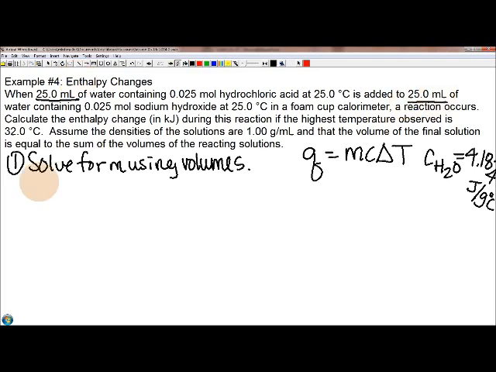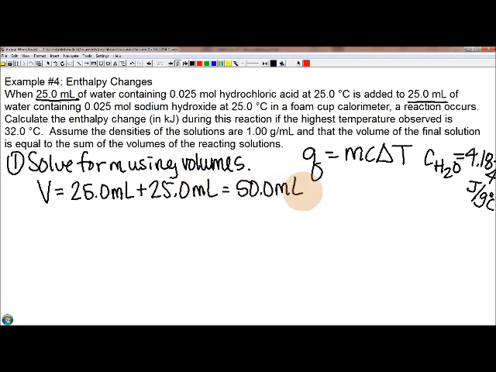So for our total volume, we have 25 milliliters plus 25 milliliters to give us 50 milliliters. You see where it says assume the densities of the solutions are 1.00 grams per milliliter. That tells us that every 1 gram is equal to 1 milliliter. So we can take off the milliliters, and that's going to equal 50 grams. So this is our mass, that's our m for the equation.